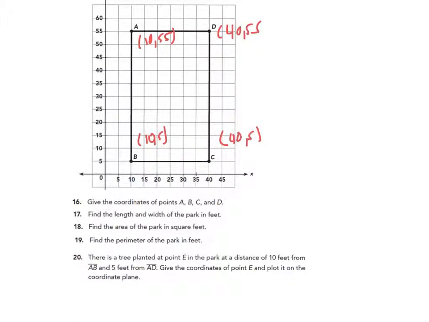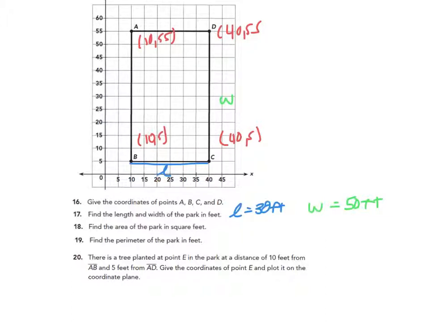Then they ask for the length and the width. If this is our length down here, each block is 5, and we've got 6 blocks, so the length ends up being 30 feet. And if I look at my width, each block is 5, and we're looking at 10 blocks, so it should be 50 total feet.